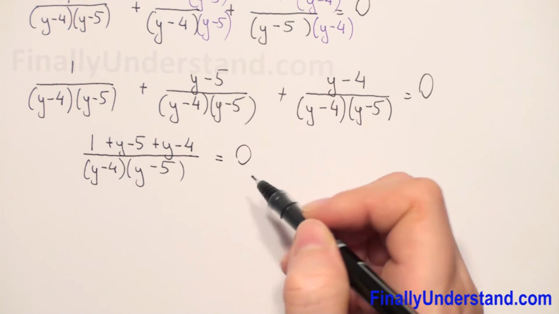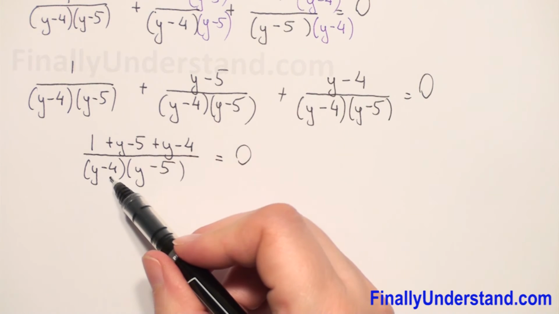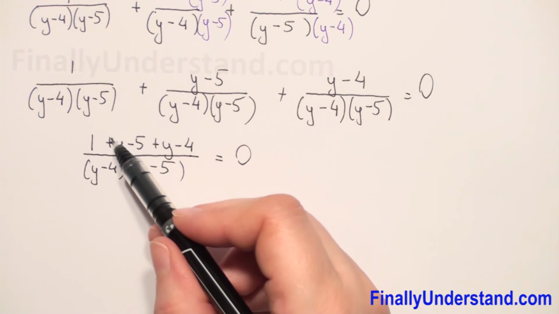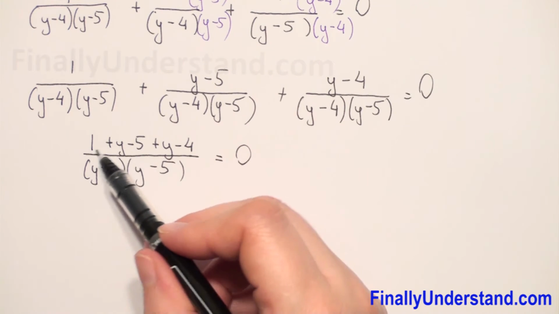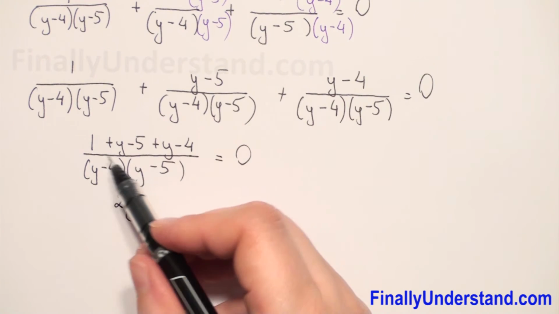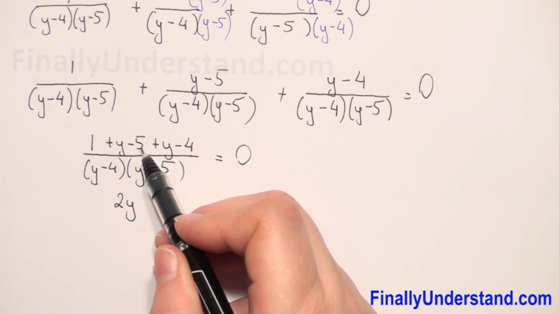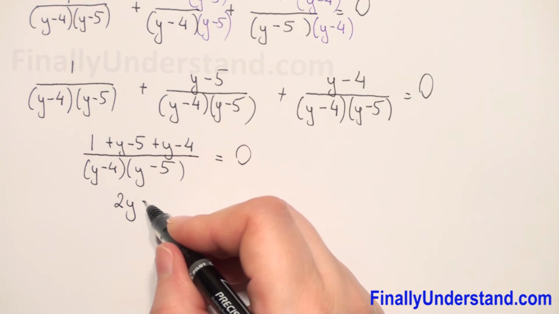So this is equal to 0. When this fraction is 0, the denominator cannot be 0. So only when this numerator is 0. So let's first combine the like terms. We have y and y, so it will be 2y, 1 and -5, so this is -4, and -4, so this is -8.